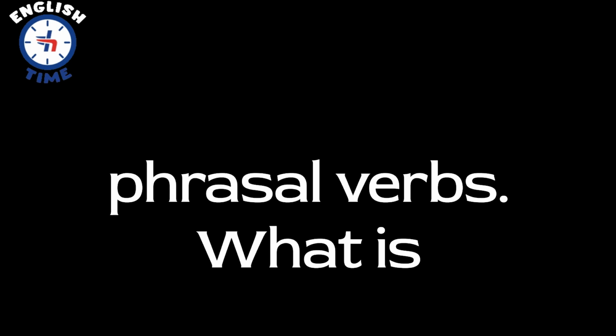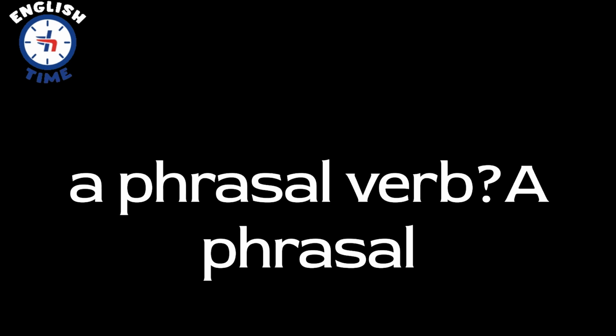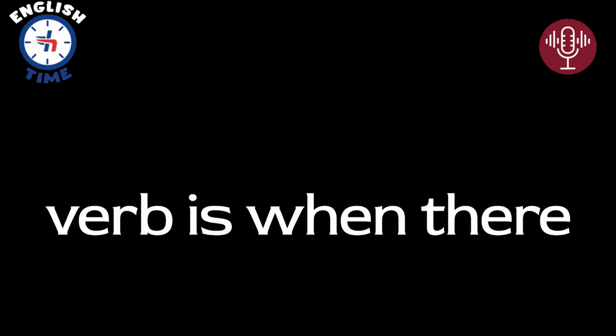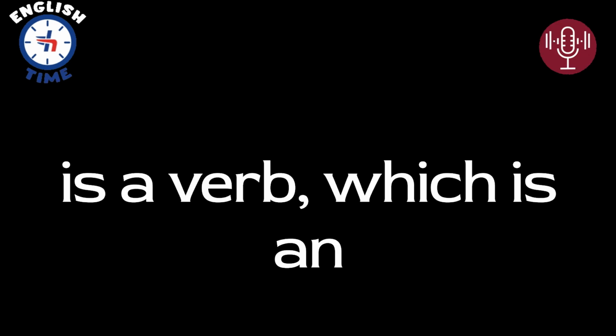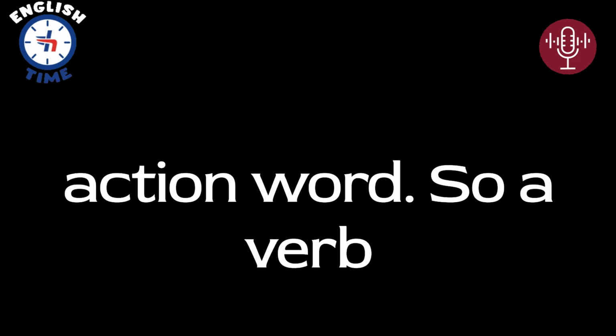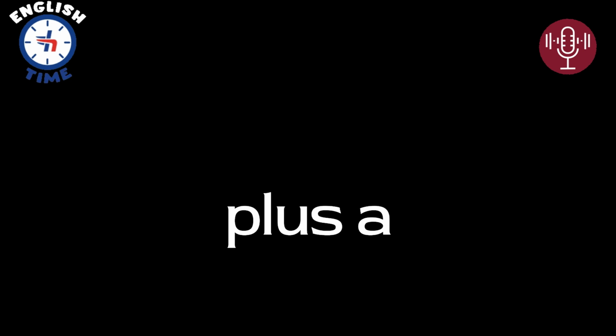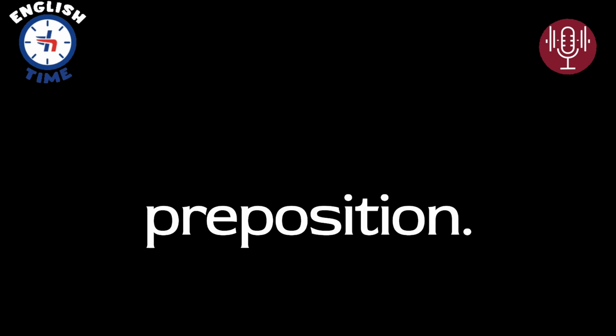Let's talk about phrasal verbs. What is a phrasal verb? A phrasal verb is when there is a verb, which is an action word. So a verb plus a preposition.